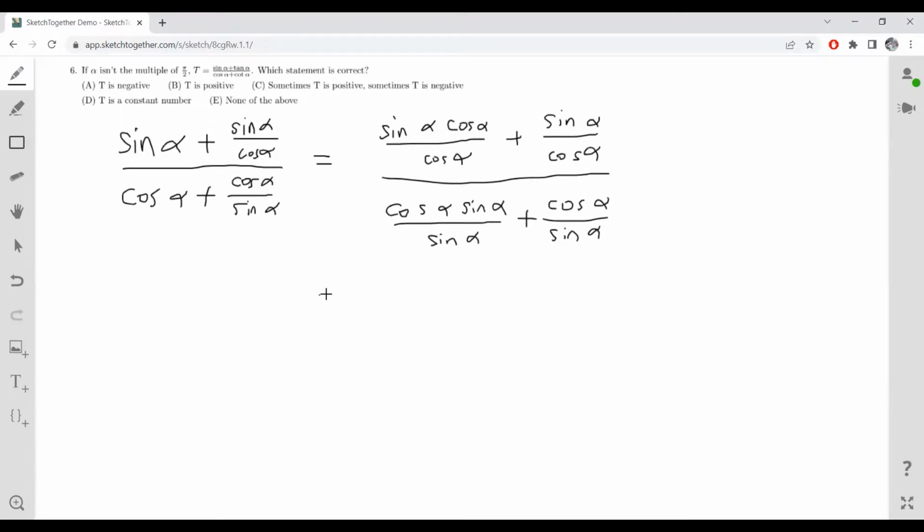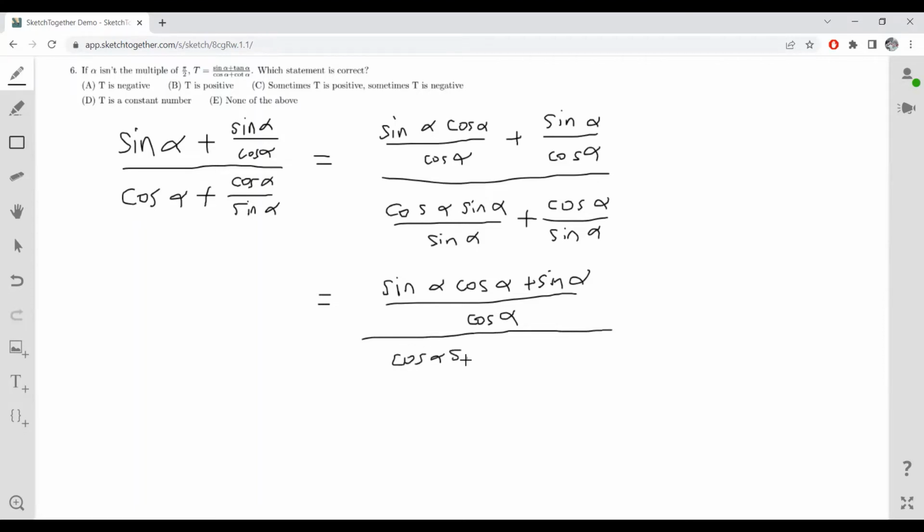Okay, so now we'll just combine the denominator. So we'll rewrite as like that, all over cosine alpha, and this all over cosine alpha times sine alpha plus cosine alpha all over sine alpha.